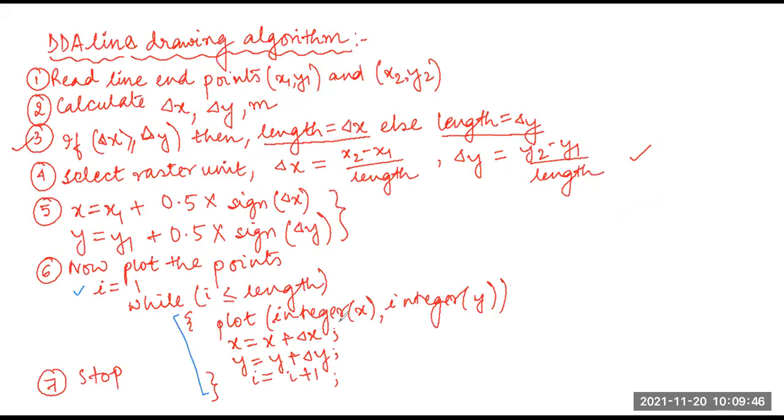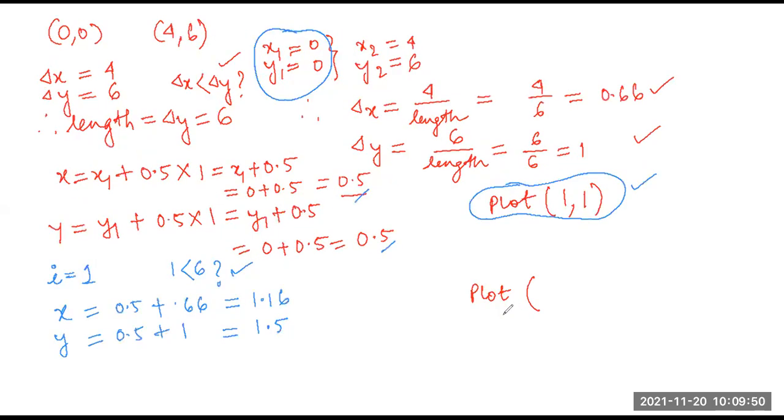See, here it says plot integer of x and y. So what will be the integer of 1.16? In decimals, 0.1 means it stays as it is, right? If the decimal is 0.5 or above, we take the ceiling value. If it is below 0.5, it stays the same, we take the floor value. And this 1.5 will be how much? Ma'am, 2. Yes, 2. So my next plot is 1 and 2.